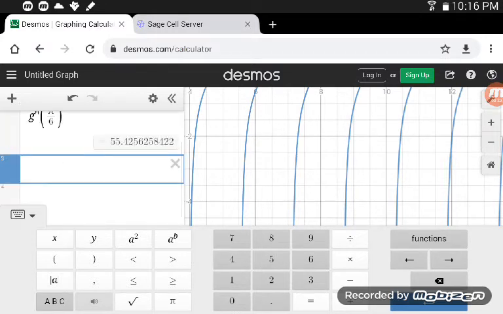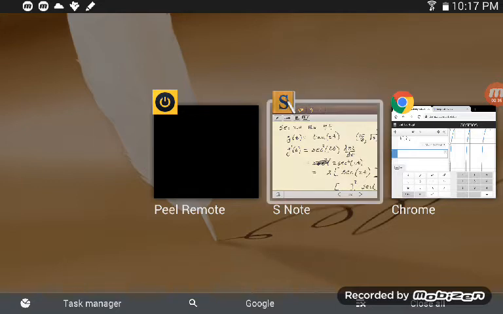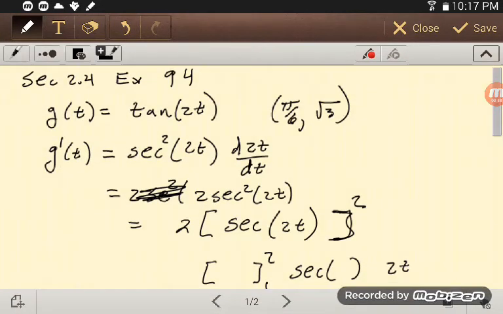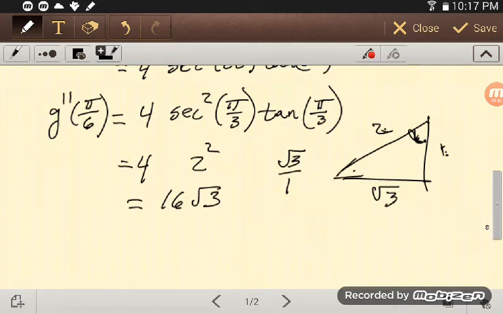Well, good question. We had, what, 16 times the... no, is that right? I've got to go back here. Look at what we had. 16 times the square root of 3? I don't think that's the same answer.